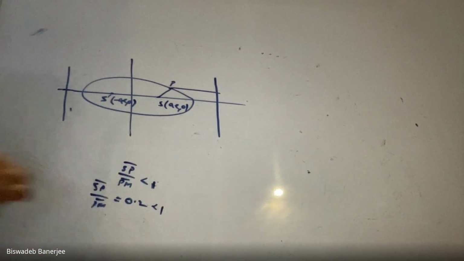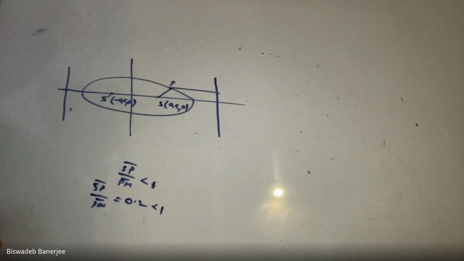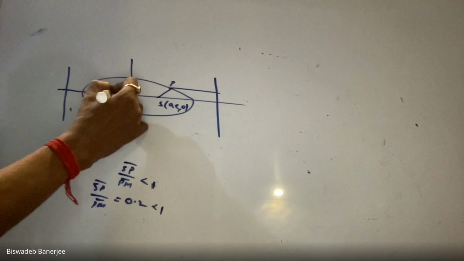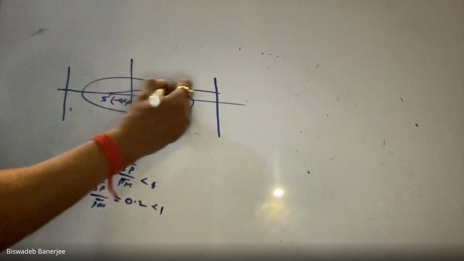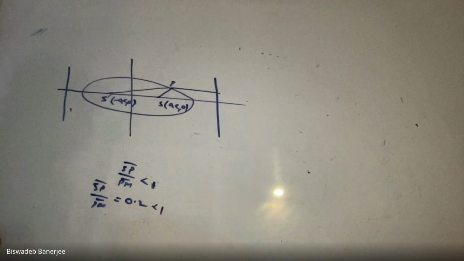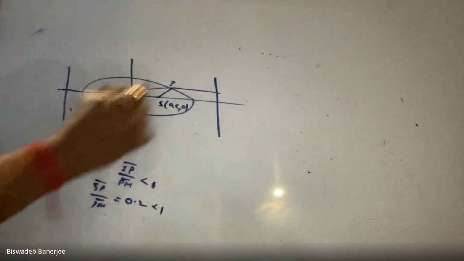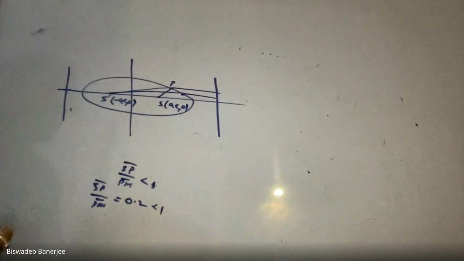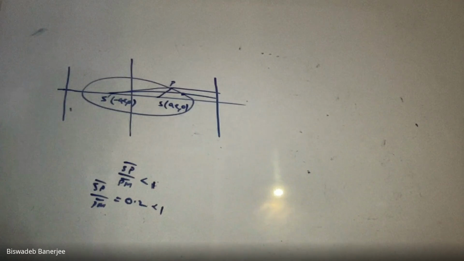In that case, we say that this is a conic. Here also, you can take the point as well. There is my SP, there is my PM. Whatever the point P, P can be here. In that case, my SP will be this, my PM will be PQ.